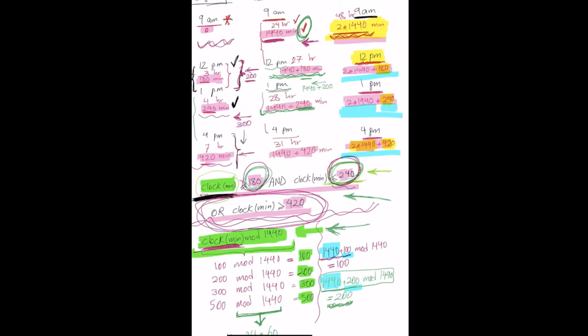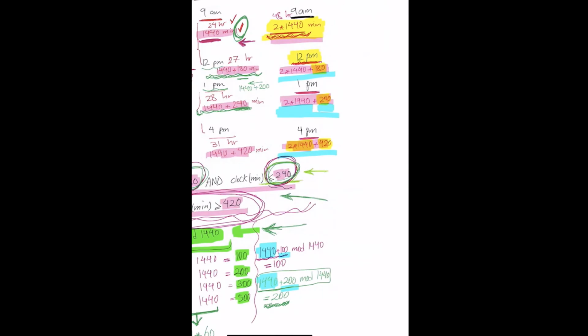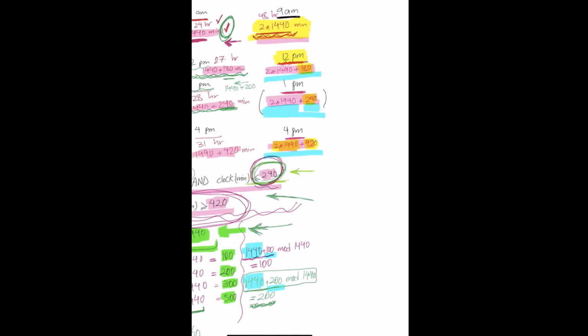So when I write those as mod 1440, this line of code will first take out whatever complete 1440 minutes I have in the simulation time, that's how many complete 24 hours are in the simulation time.